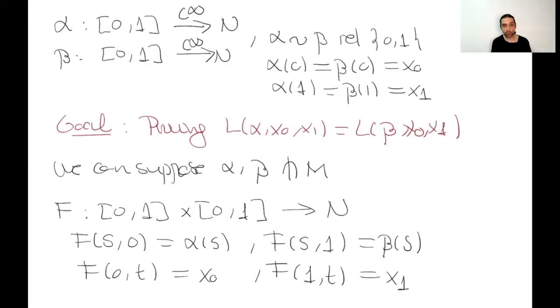That's the situation we are in. We can even suppose a little bit more without loss of generality. Here we have our square. Here we have alpha. Here we have beta. Here we have x0. Here we have x1.